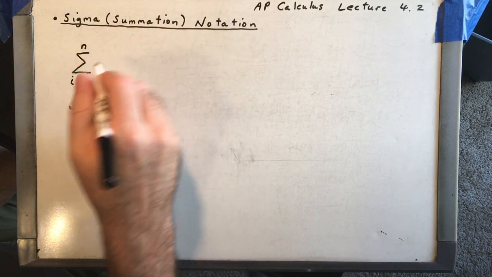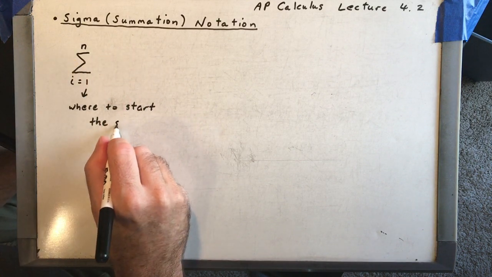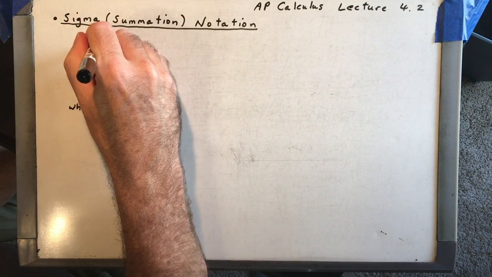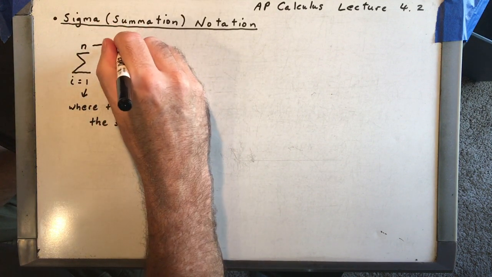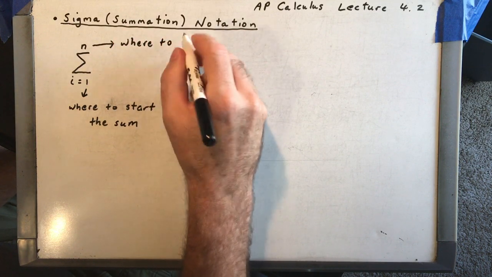So again, it's summation. This means sum up. You might have seen this on Microsoft Excel or something, if you ever work with that. So it's where to start a sum, and n means where to end the sum.